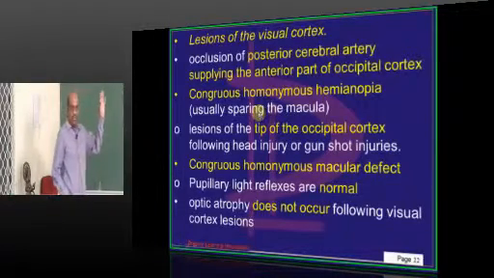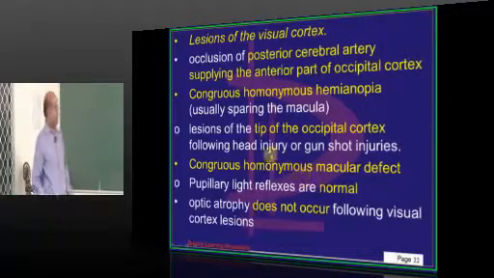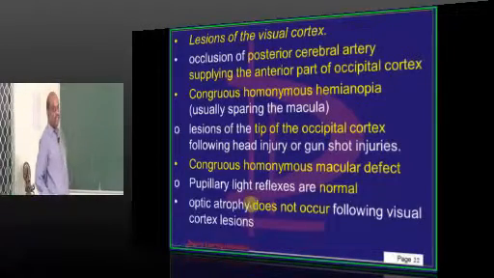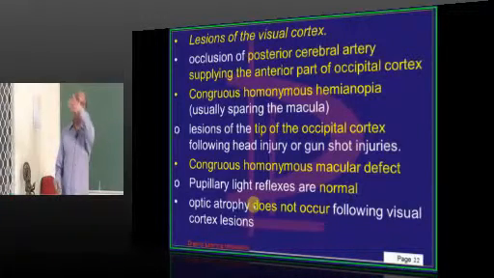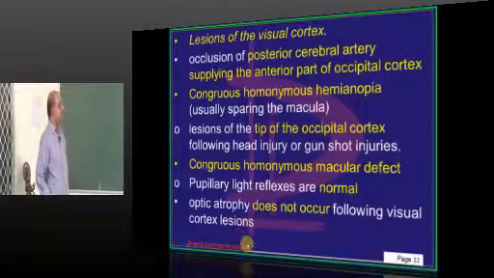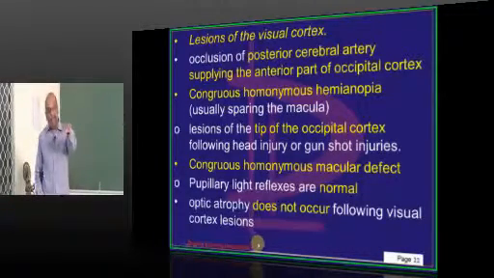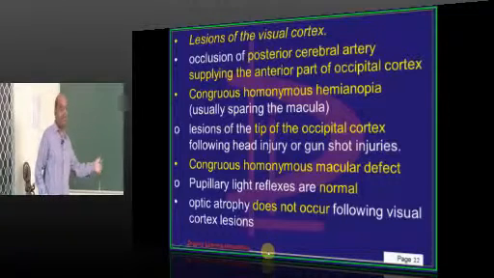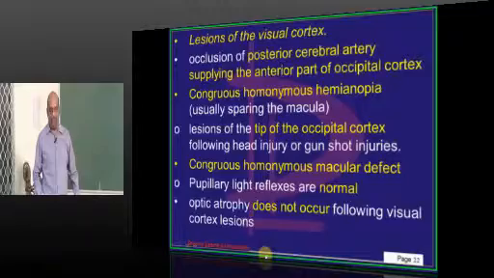One is infarct. Even head injury is another important cause of occipital lobe involvement. And what will you expect pupil reflexes to be? Anything at the lateral geniculate body and above, pupil reflexes are normal. And optic atrophy does not occur. Only up to the level of the lateral geniculate body does retrograde optic atrophy occur. Above that, in the optic radiation and occipital lobe, optic atrophy doesn't occur.